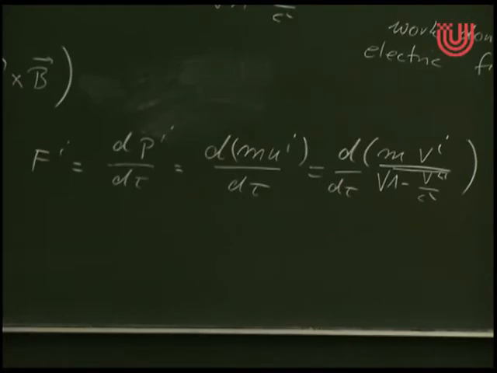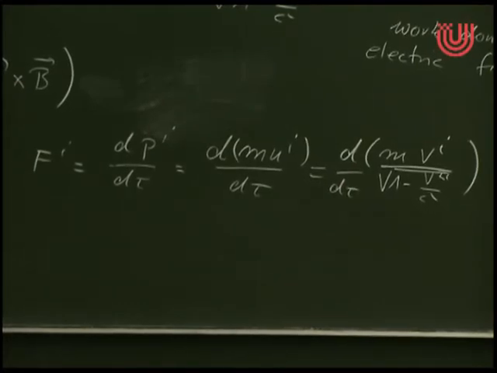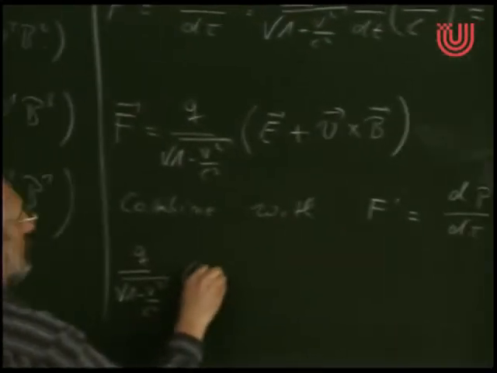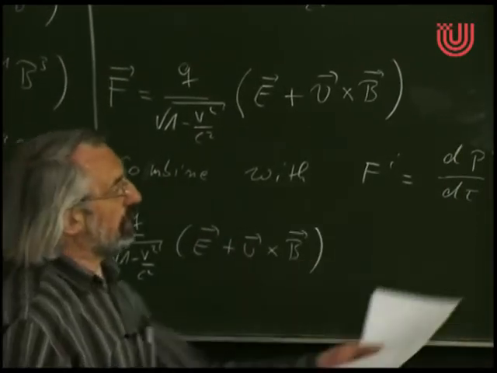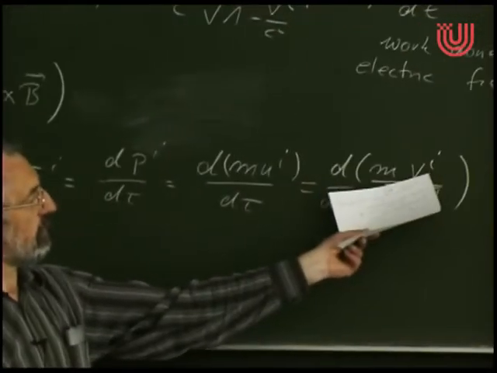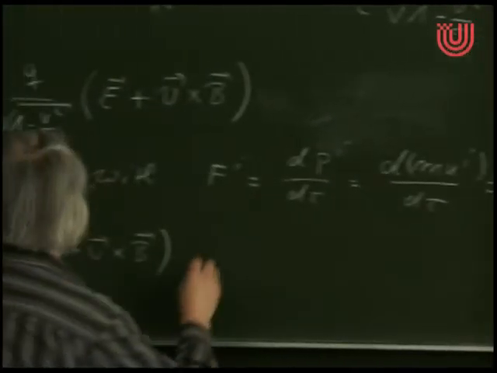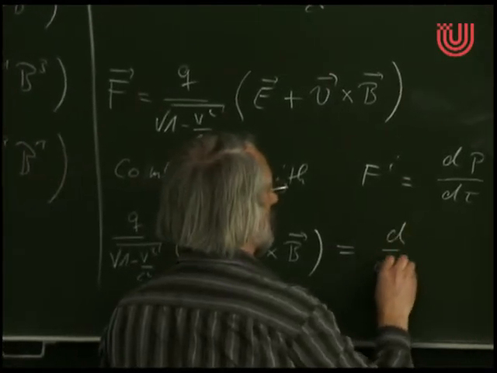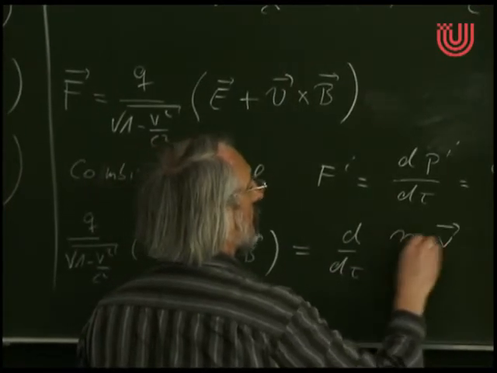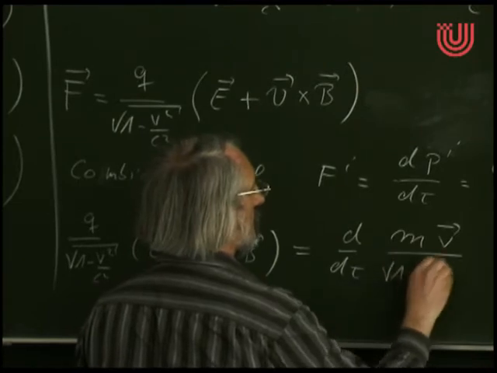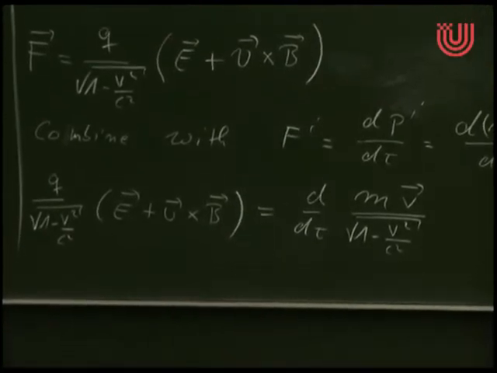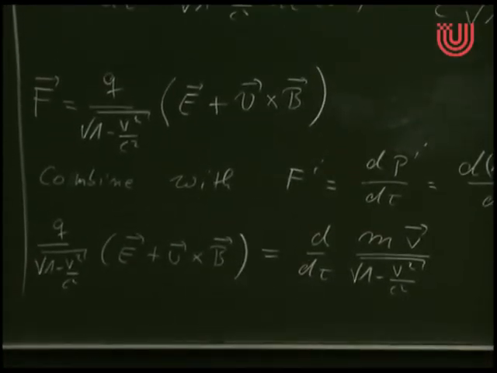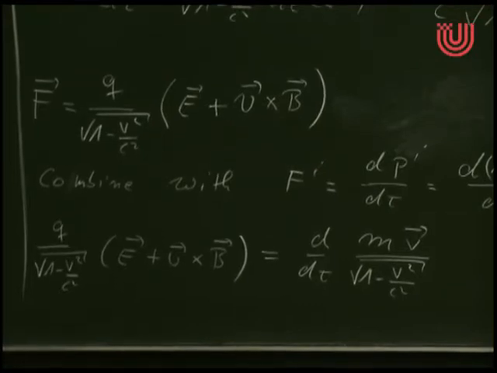Now I get q over root 1 minus v squared over c squared, this vector expression. And now I have here also the standard velocity 3-vector, which I can write with an arrow without causing any confusion. d tau m v over the square root. Okay, looks familiar in comparison to the standard Lorentz force equation, but it seems not to be exactly the same, and in fact it is not exactly the same.